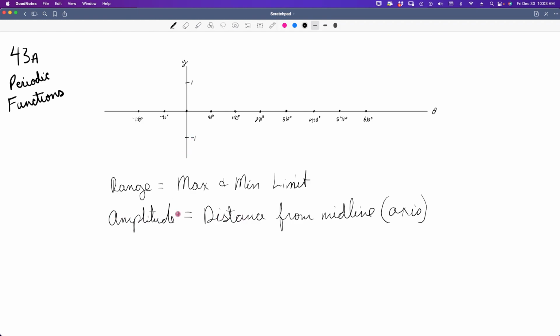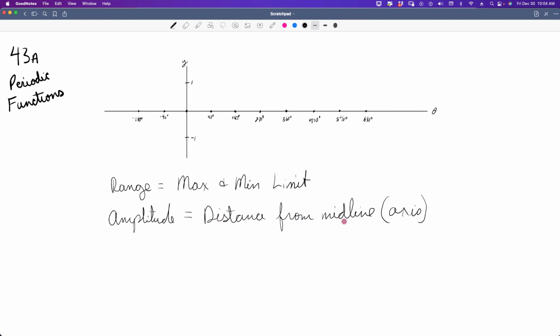So what that means is the amplitude, we're going to use a unit of 1 just because it makes it easier to see. Our amplitude here is 1. That means it's going to go 1 above and 1 below the axis. The range is +1 to -1. So it's wherever the highest and the lowest limit is, and they are typically the same distance from the midline.